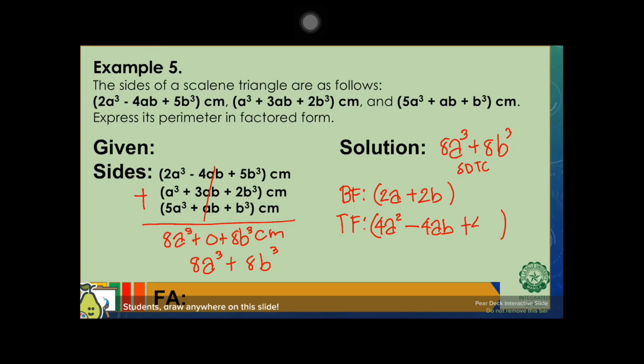You have 4b squared. Lastly, you can simply put the two together, the binomial factor and the trinomial factor, for our final answer. The factored form of the perimeter of this scalene triangle is equal to quantity 2a plus 2b multiplied by quantity 4a squared minus 4ab plus 4b squared. Sorry, this was supposed to be only centimeters, considering it is a perimeter, not an area.